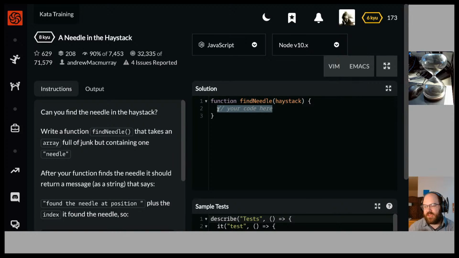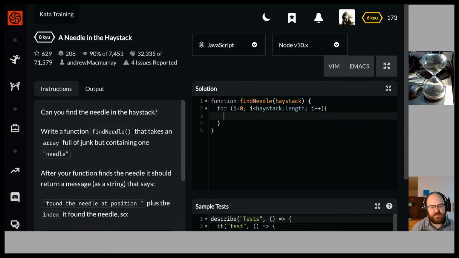So this would probably be a nice opportunity to use forEach syntax, but I don't know how to get the index out of that. So we're gonna fall back on a simple for loop. We'll have to do a plus 1 in here somewhere.